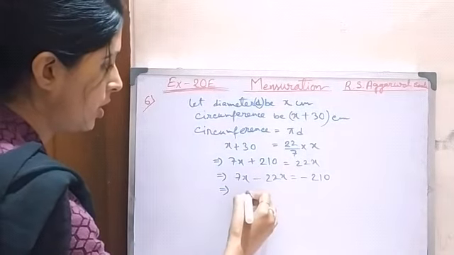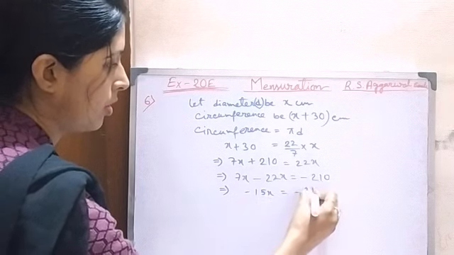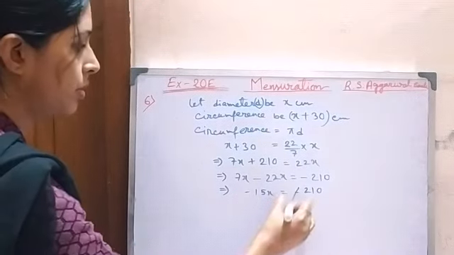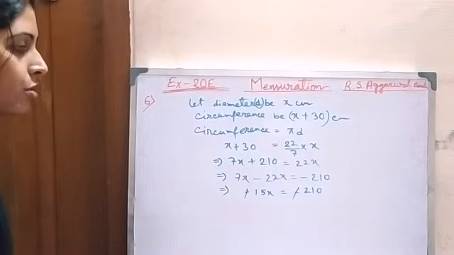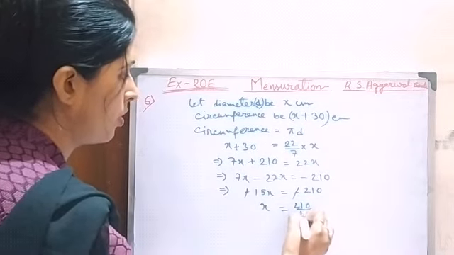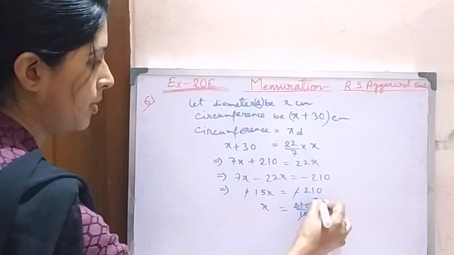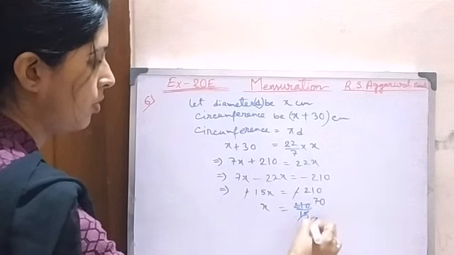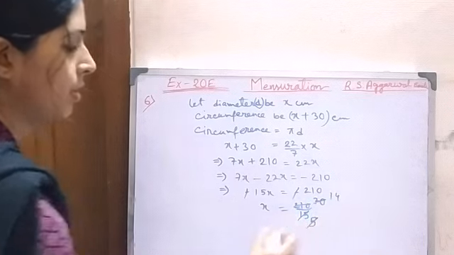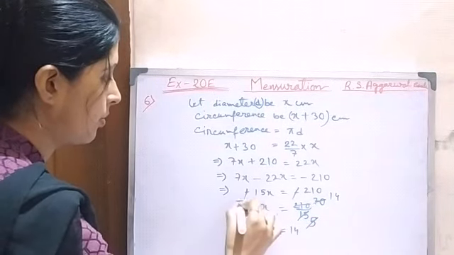Now simple calculation: this is minus 15x and this is minus 210. The negative sign should be cut. x equal to 3 7s are 21, 0, 5 14s are 70. So x equal to 14.